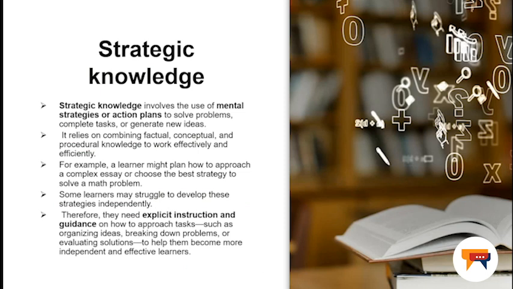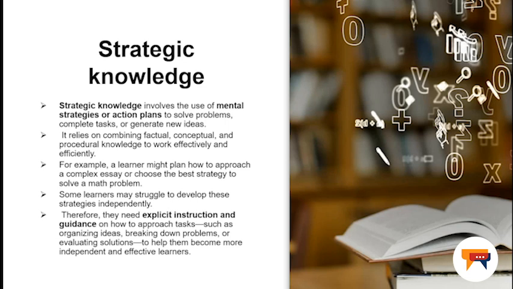And let's focus on the strategic knowledge. Strategic knowledge involves the use of mental strategies or action plans to solve problems, complete tasks, or generate new ideas. It relies on combining factual, conceptual, and procedural knowledge to work effectively and efficiently.